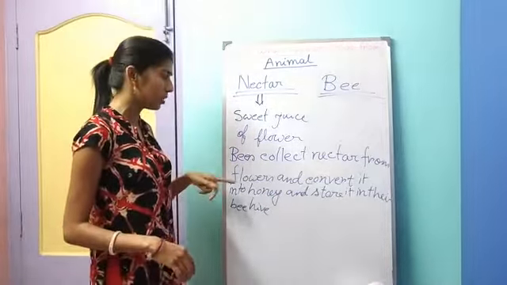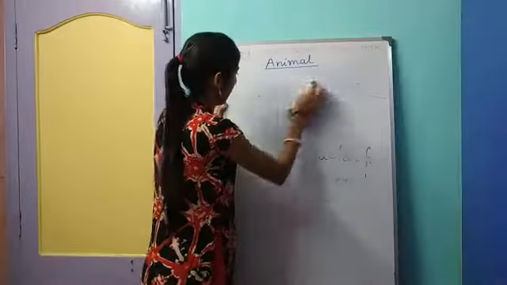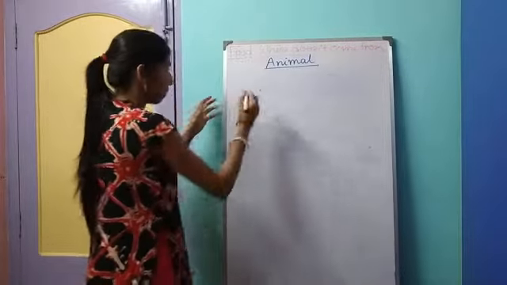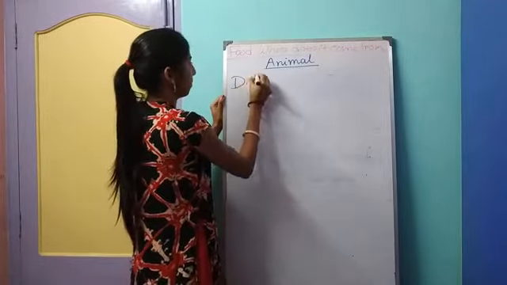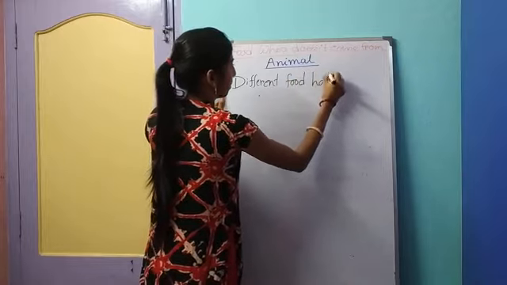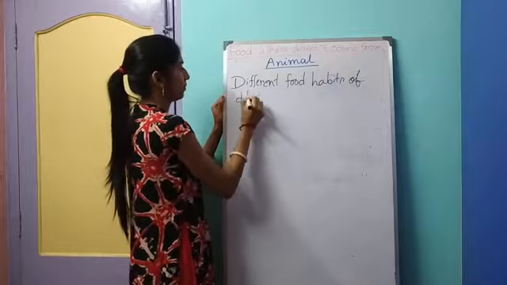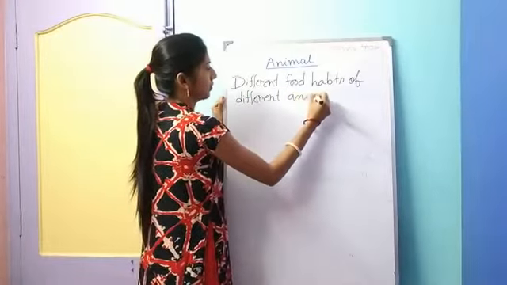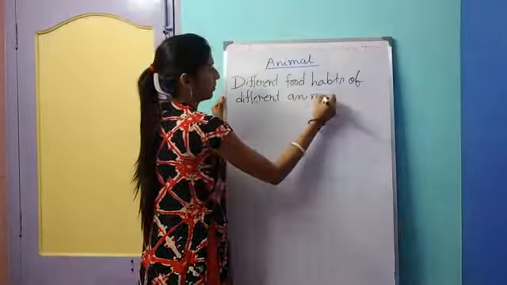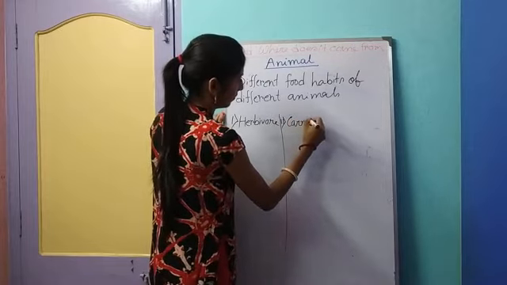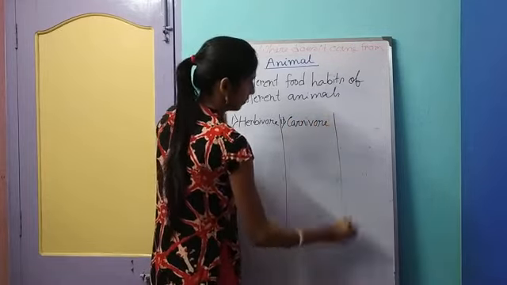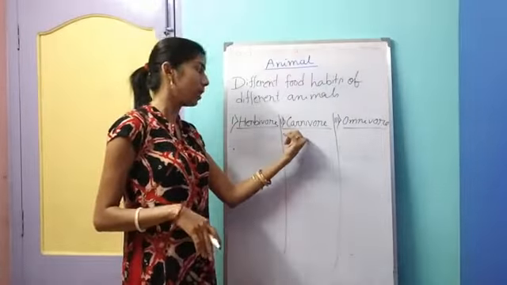Okay, so now you know what is nectar, and now you have to know different food habits of different animals. According to the different food habits, animals are divided into mainly three groups, that is herbivore, carnivore and omnivore.